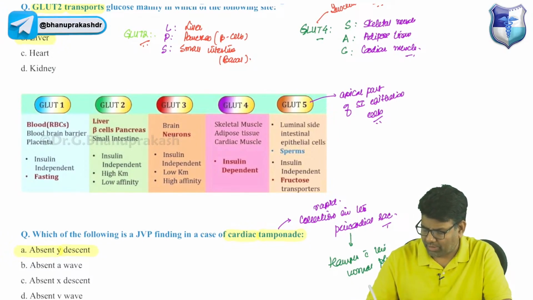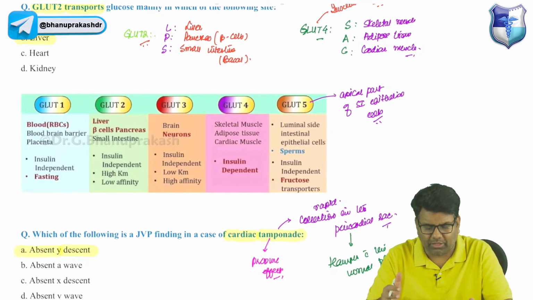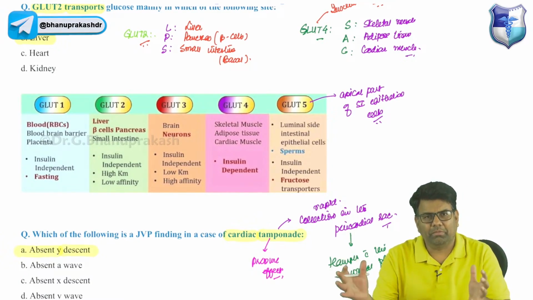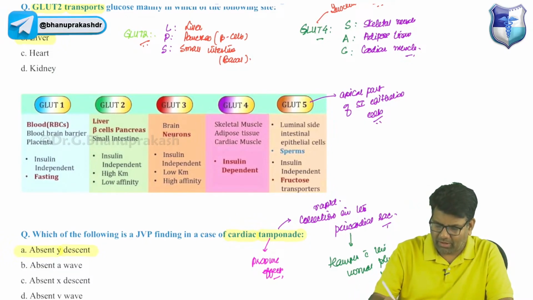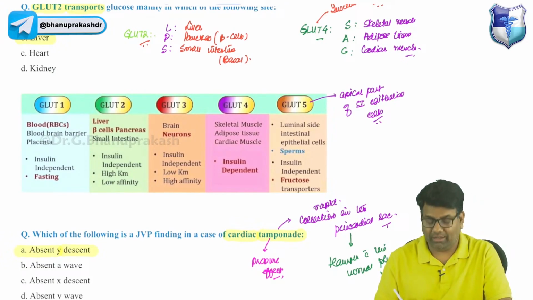This is cardiac tamponade. Now, what does the word tamponade mean? Tamponade means actually pressure effect. So that collection is actually pressurizing upon the heart, therefore it is affecting the normal physiology of the heart, and we will find a prominent X and an absent Y descent.